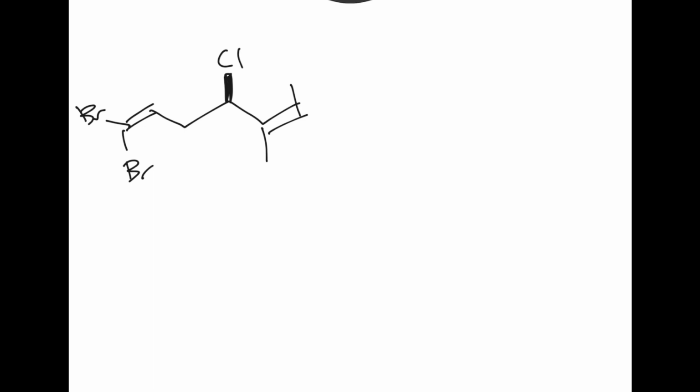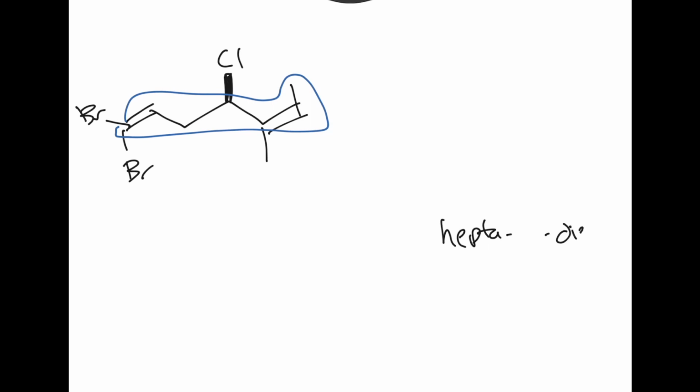Let's name this. The parent hydrocarbon is 7, so we go from here to there. That's 7. That's going to be hexa. Nope. Try again. Hepta. Diene. 1, 5. So again, I set out that we number it this way.